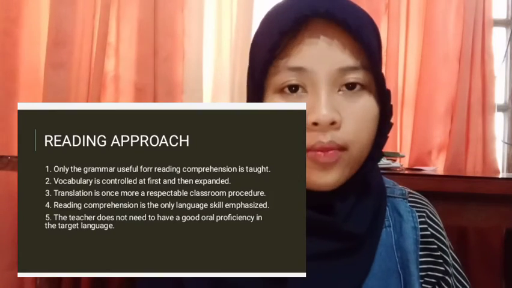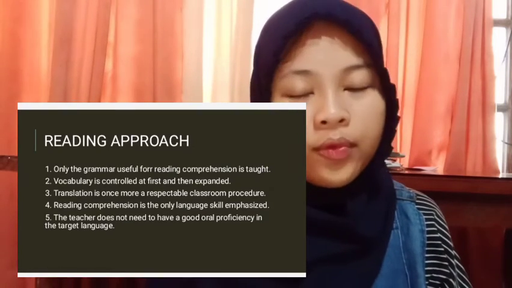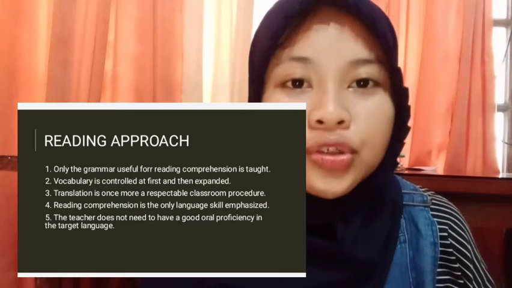Cross-cultural understanding. And the reading approach also has key features. There are 5 key features in the reading approach. What are they? 1. Only the grammar useful for reading comprehension is taught. 2.